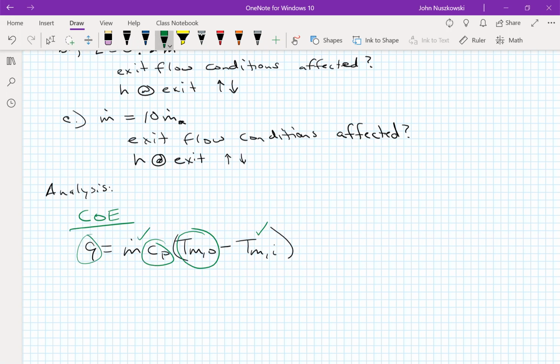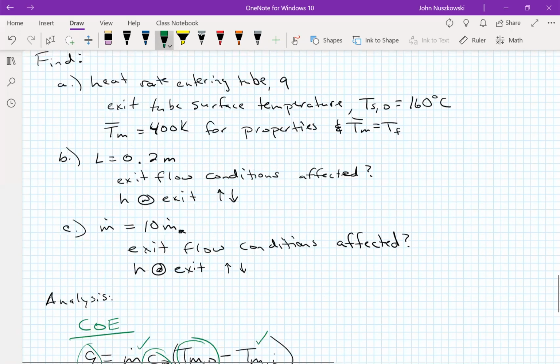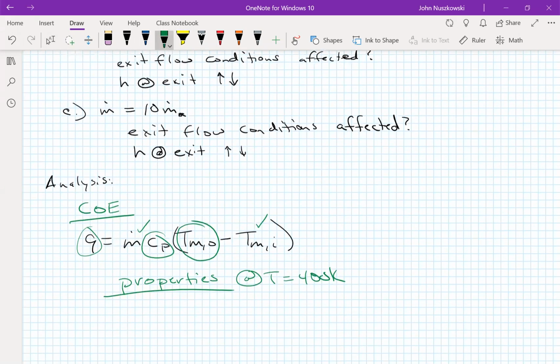So we can easily do the properties, right? So let's start there. So if we have our properties at 400 Kelvin that was set above, we go to our table. I'm just going to write all these down. So we have Cp, 1014 joules per kilogram Kelvin.